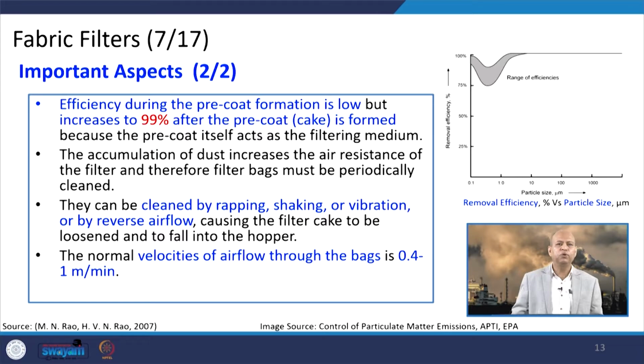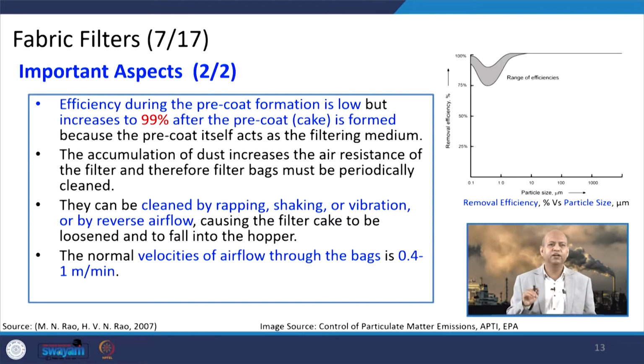Then if we talk about efficiency during pre-coat formation, that is before cake formation of the particle layer on the bag, efficiency is lower. But after this layer is formed, efficiency increases, because the pores are smaller, or less empty area is available to go through.